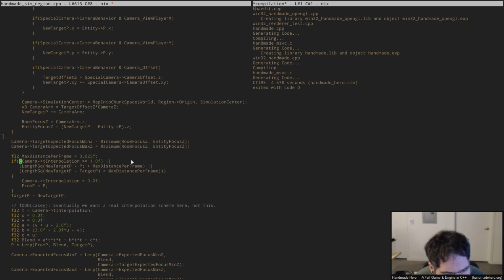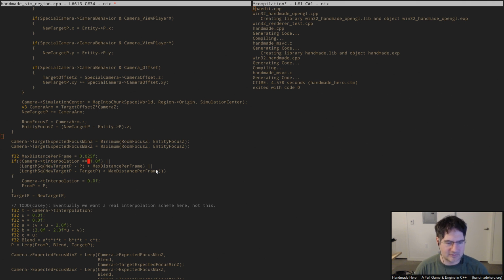So I wonder if we aren't just stuck back in the same position. Because now I think about it, this is going to have that problem, period. If we allow the target P to get updated, then it can always get updated out from under us. And if the target interpolation was 0.9, let's say, and the new target moved discontinuously, this wouldn't run because of this check. And so really, we're just going to have to deal with the fact that the new target moves. And I don't really know what else we could do about that.